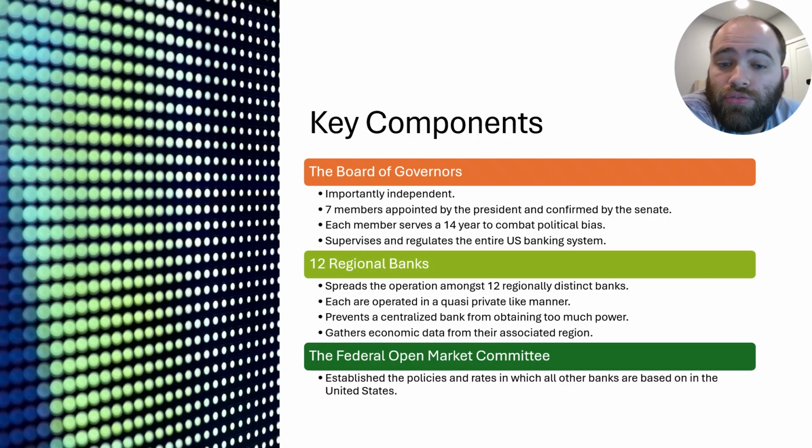We have 12 regional banks, and each of them operate in a sort of semi-private governmental manner, and they're designed to take into consideration regional economic data. And then we have the Federal Open Market Committee, who establishes the policies in which all other banks in the United States are affected, which then trickles down and affects the civilian population.